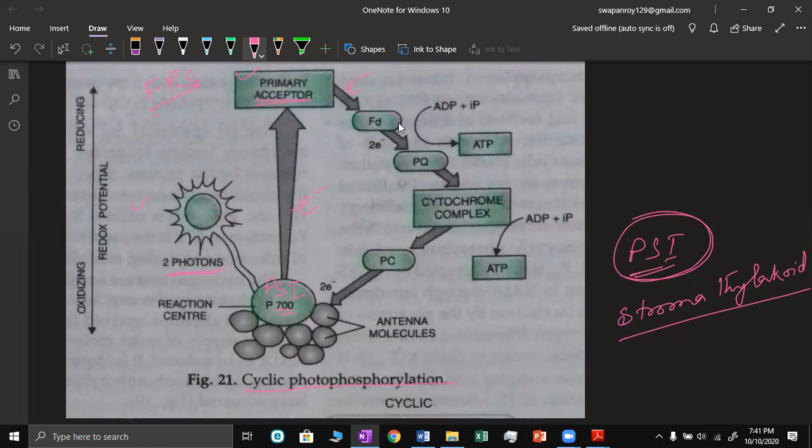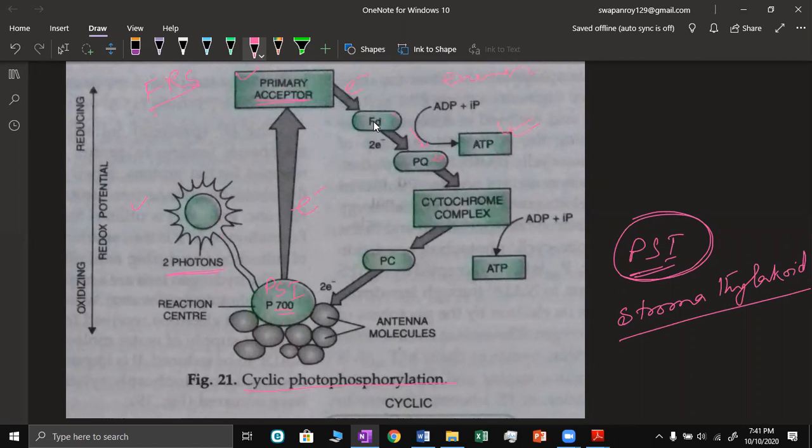From the ferredoxin, it moves to plastoquinone. When it moves to plastoquinone, there is a big jump and a release of energy, and this energy is coupled with the production of ATP.